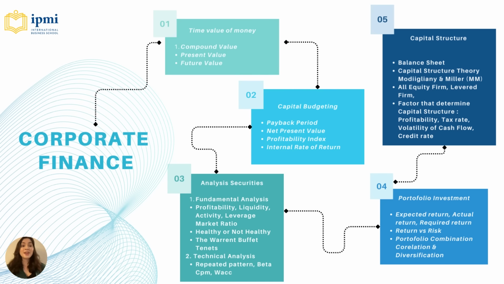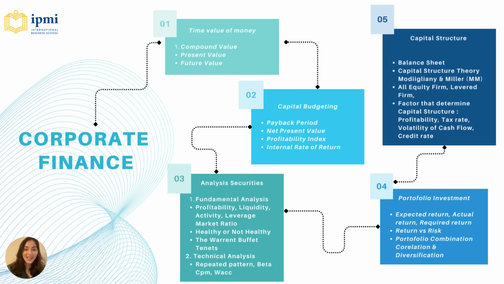So these are several things that I am highlighting from the course: time value of money, compound value, present value, and future value. We also have capital budgeting, including payback period, net present value, profitability index, and internal rate of return.